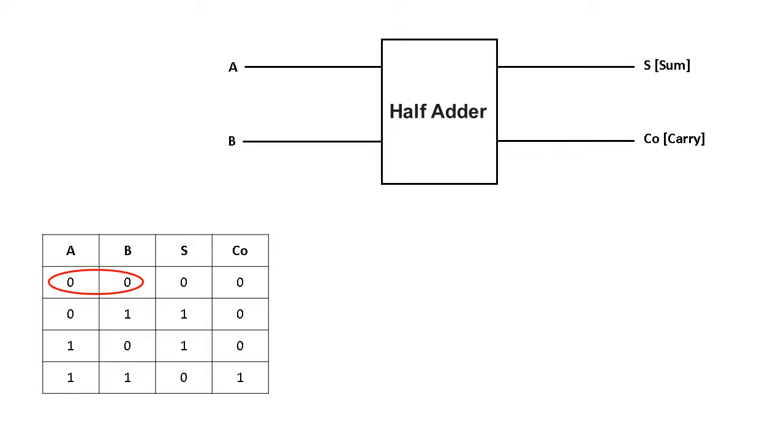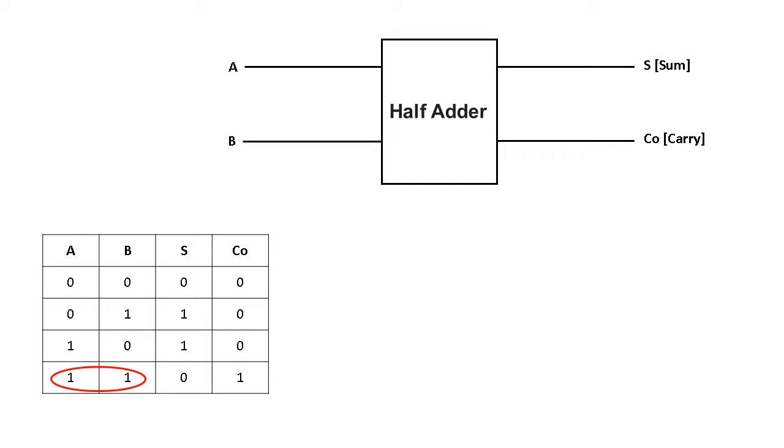So in the carry, let us understand. If A and B are 0, then 0 plus 0, the sum is 0, the carry is also 0. If A and B are 0 and 1, then 0 plus 1, the sum is 1 and the carry is 0. And 1 plus 0, the sum is 1, the carry will be 0. 1 plus 1, the sum will be 0, but the carry will be 1.